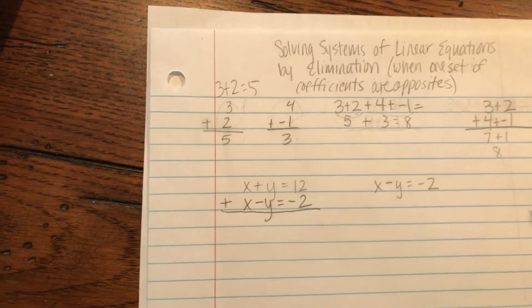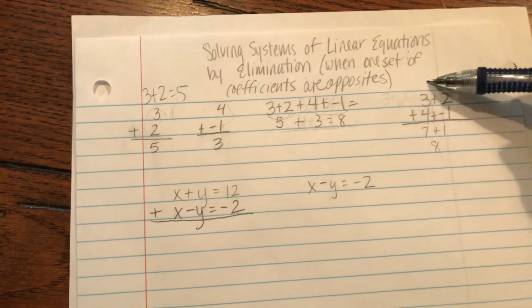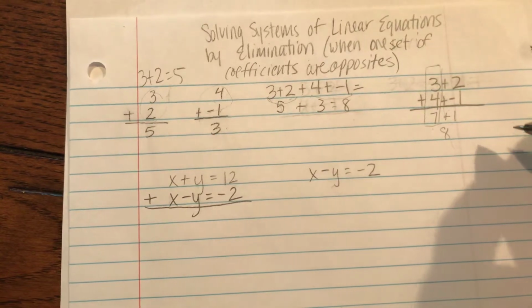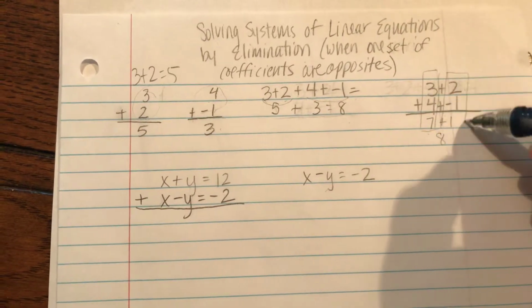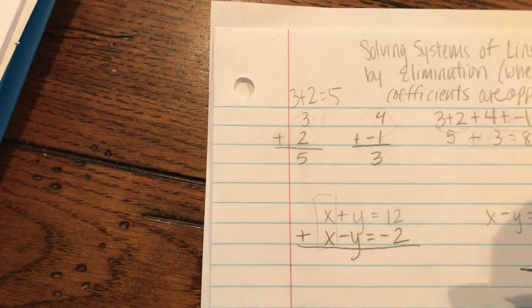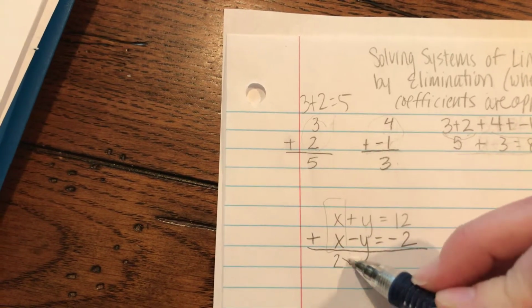equations. So just like we did out here, where I looked at each piece vertically, and I did 3 plus 4 equals 7, and 2 plus negative 1 equals 1, we can do that here too. So x plus x, I'm going to look at that first. That's 1x plus 1 more x. That makes 2x.